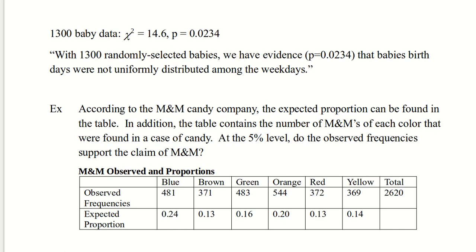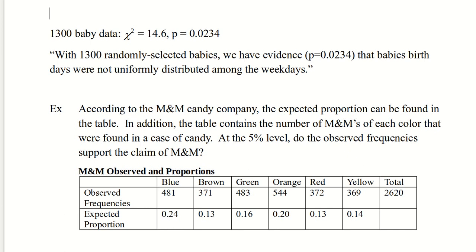We can perform so many tests with so much data that we can see a little bit more sophisticated analysis of that data. Let's look at another example, this one asking about the colors of M&Ms, a reoccurring theme in our book. The expected proportion can be found in the table. So this is what we're told the percentage of each of the colors is.